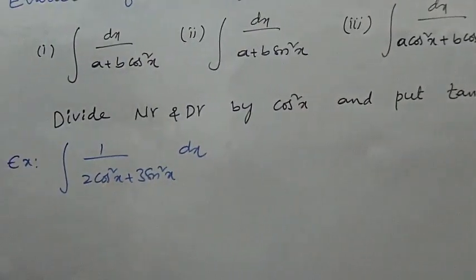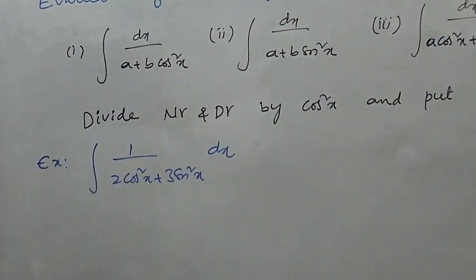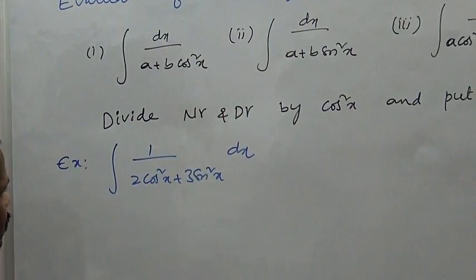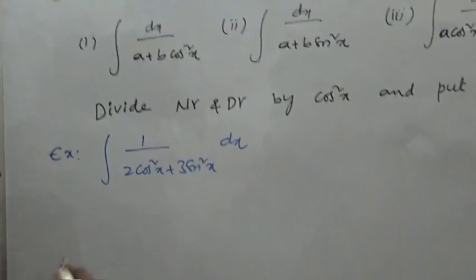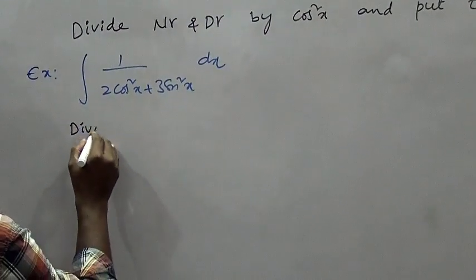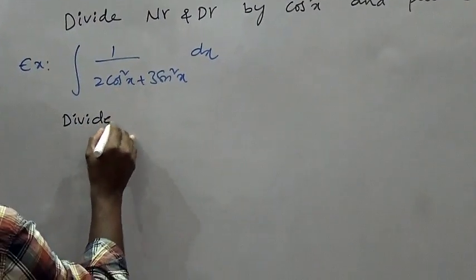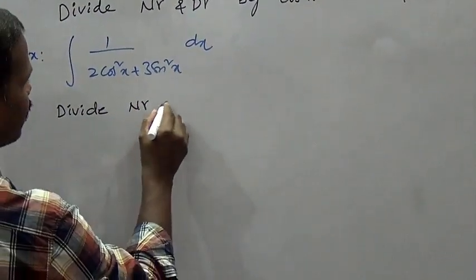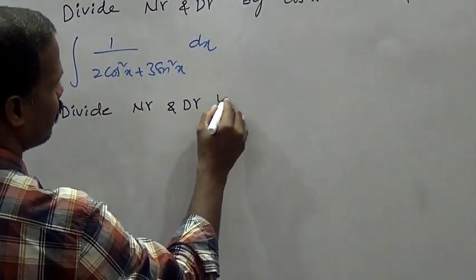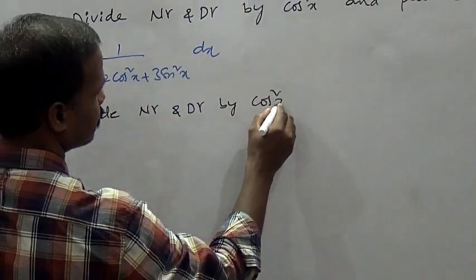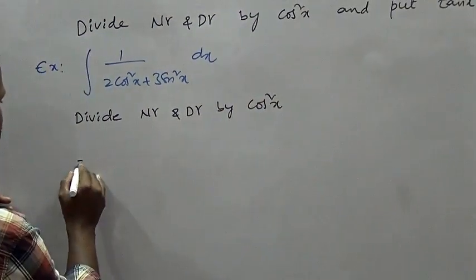Now what you have to do? Divide numerator and denominator by cos square x. So what you will get?